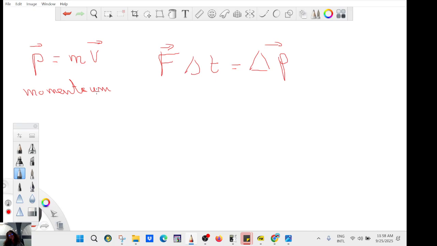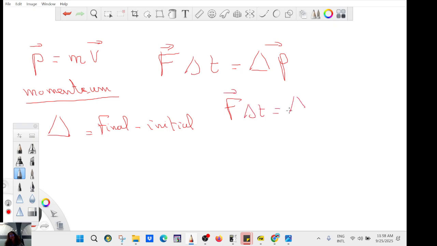We call it momentum, but he called it the quantity of motion, right? So if there is a change in momentum, then a force was applied. This is a delta. Delta means change. Change means final minus initial. So apply a force during a time t, then there will be a change in momentum.